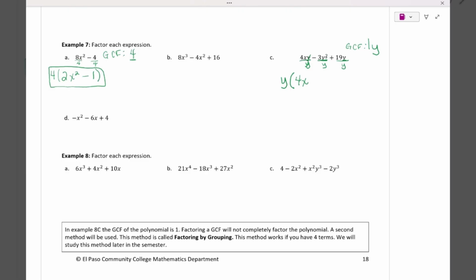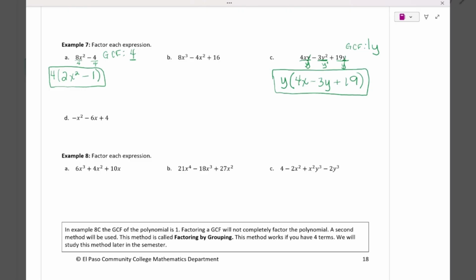So y squared's power is 2, y's power is 1. So I can subtract, 2 minus 1 is 1, so minus 3 and just 1y. And then 19y divided by y, again, those y's cancel, so it gives me plus 19. So that's what I get when I divide everything by that greatest common factor.